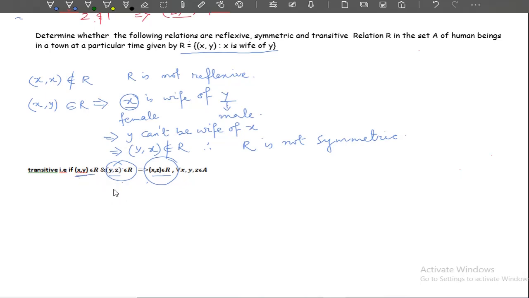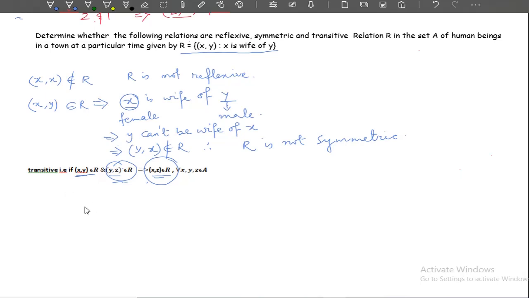If only (x, y) belongs to R and (y, z) doesn't belong to R, no question. So in that case, the relation is always transitive.